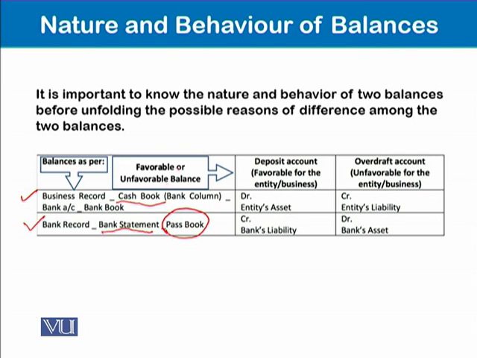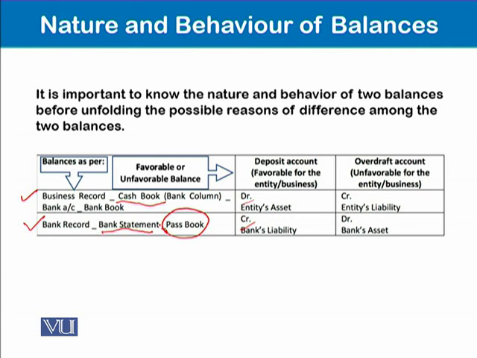So the balance can be favorable or unfavorable. If it is a deposit account, it will give us debit balance in the cash book and credit balance in the bank statement.